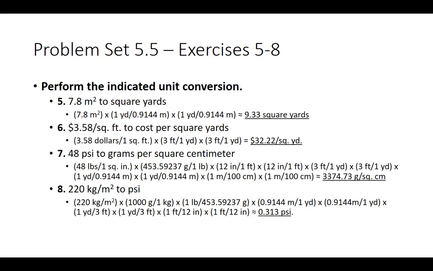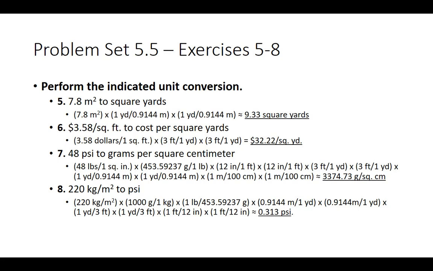Complicating matters is the fact that to get from the US customary inches to the SI centimeters, we need to go through the yards per meter conversion. So we're going to have to get our inches to feet and then to yards, and we're going to have to get our pounds to grams.